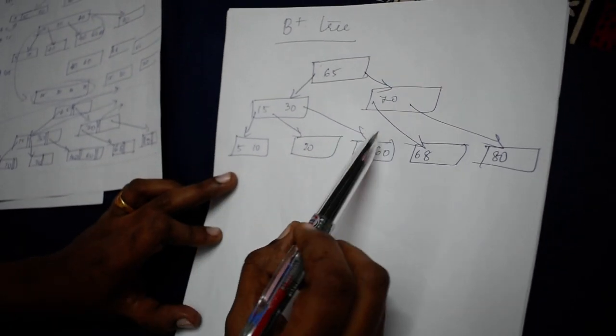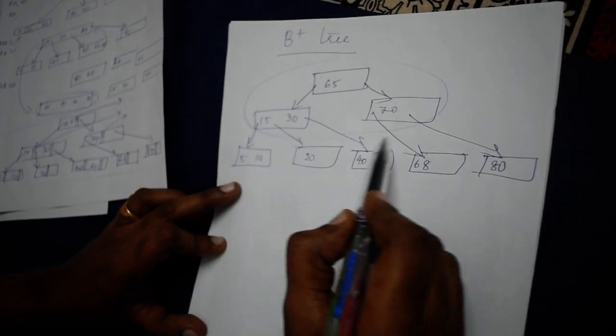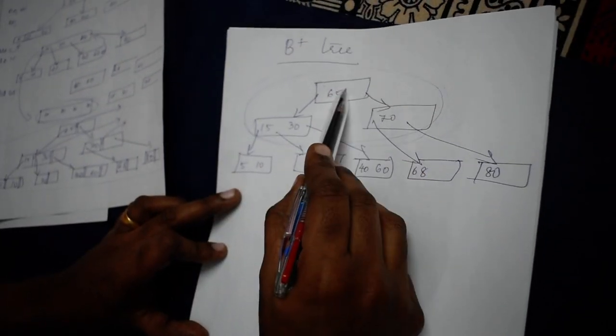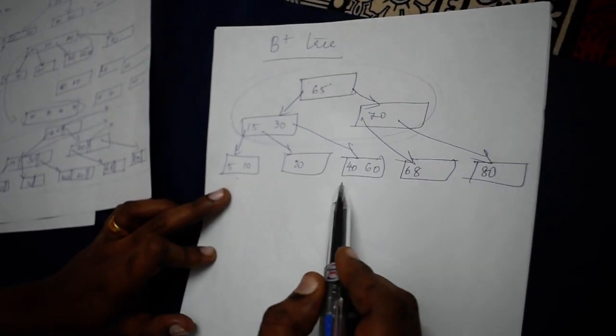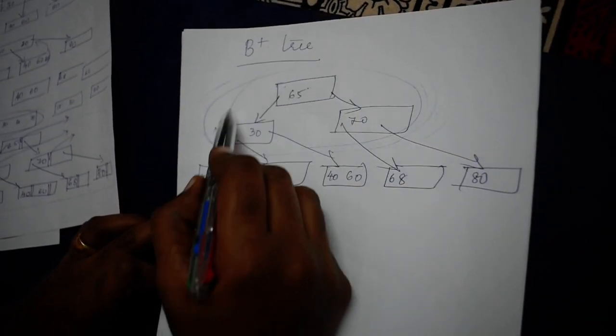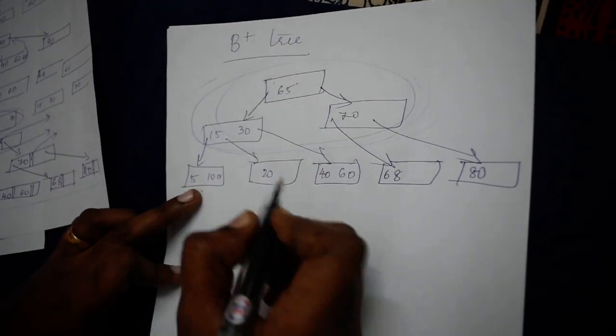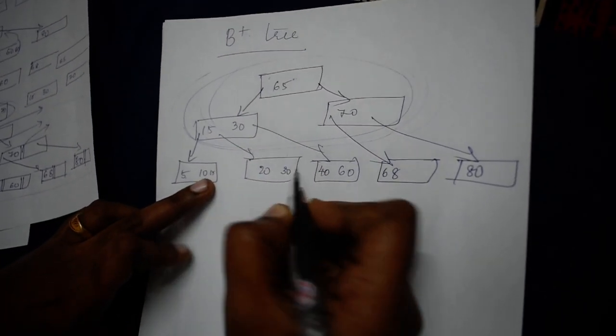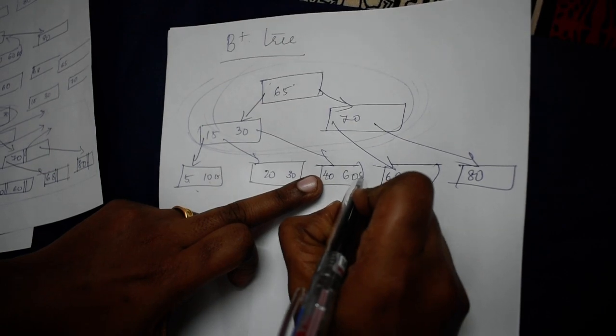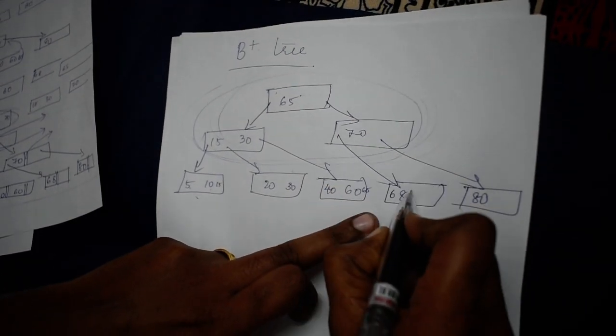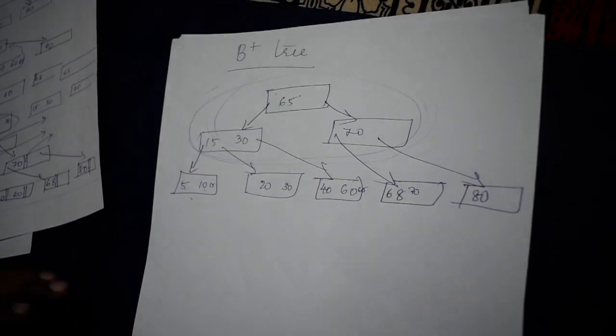I will repeat. I will create a duplicate copy of these key values in the leaf nodes. Other than the leaf nodes, all the values will be present in the leaf nodes. That is, 5, 10, 15 will be present here, 30 here, 40, 60, 65 here, 70 here, like this.